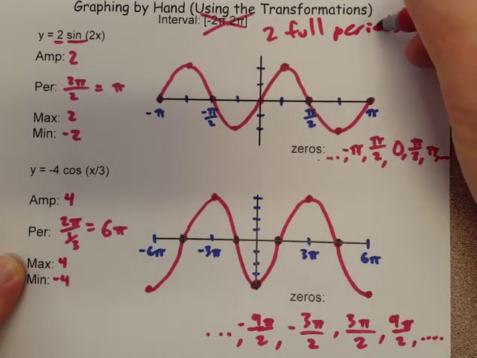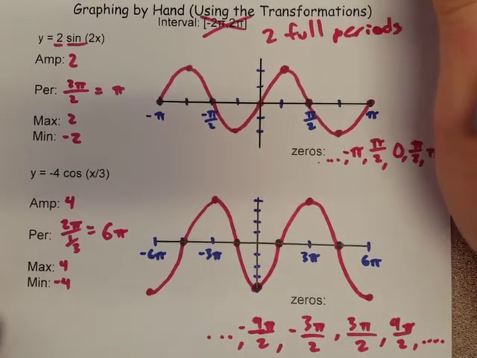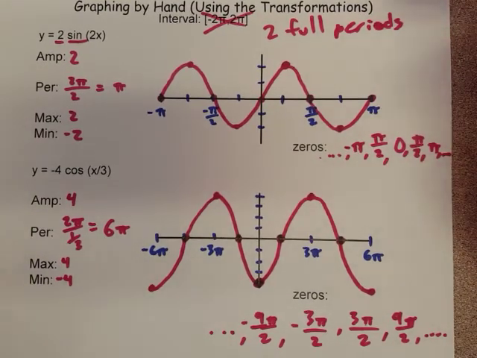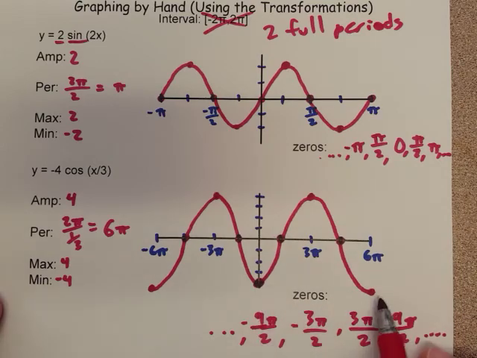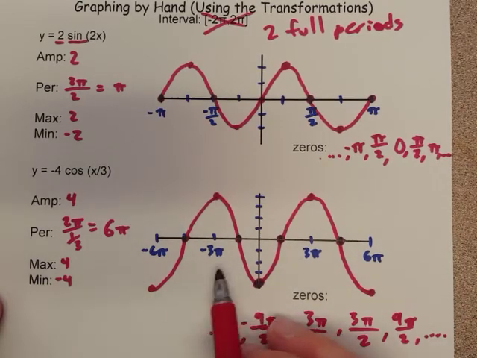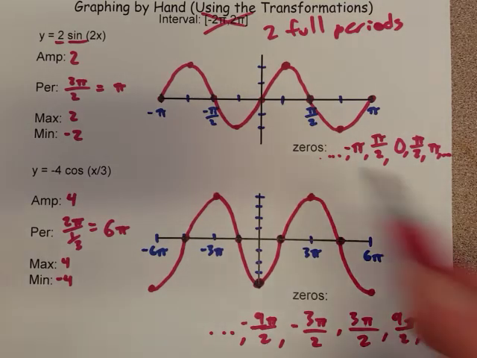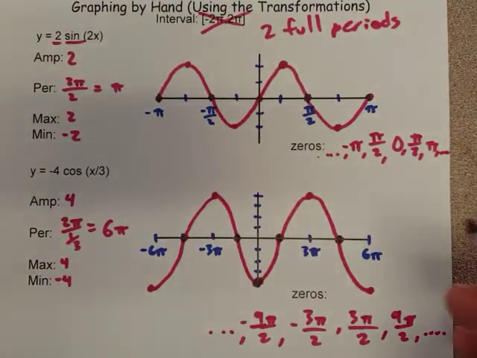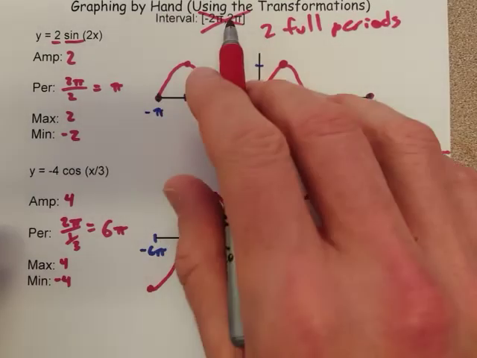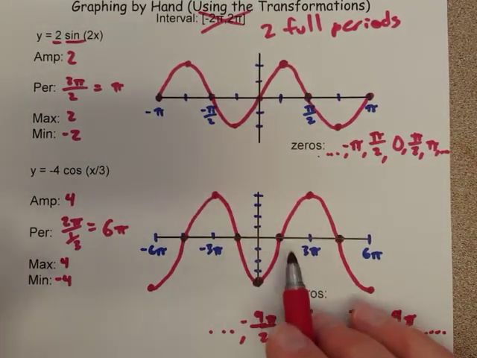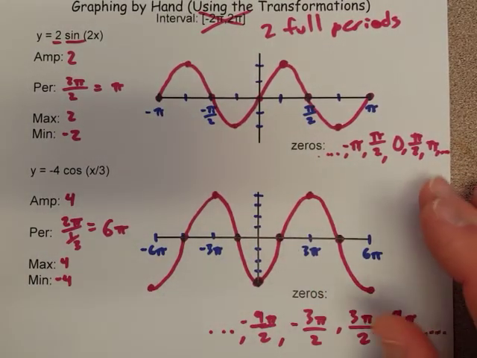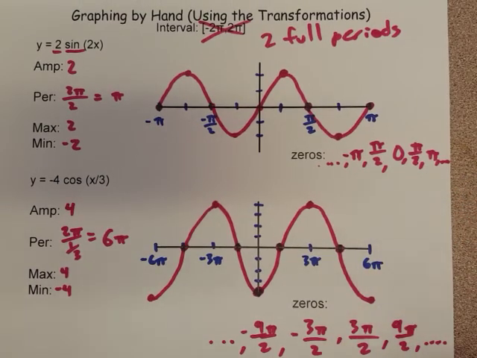That is the goal in any of these problems, is that we're going to be graphing 2 full periods. So as you'll notice, I did 1 period on this side, 1 period on this side, but it went from negative 6 pi to positive 6 pi. So I didn't follow this one. I just did 2 full periods. If you only did negative 2 pi to 2 pi, you would only have a short little section of this graph, and it wouldn't be complete. So I want you to do 2 full periods.